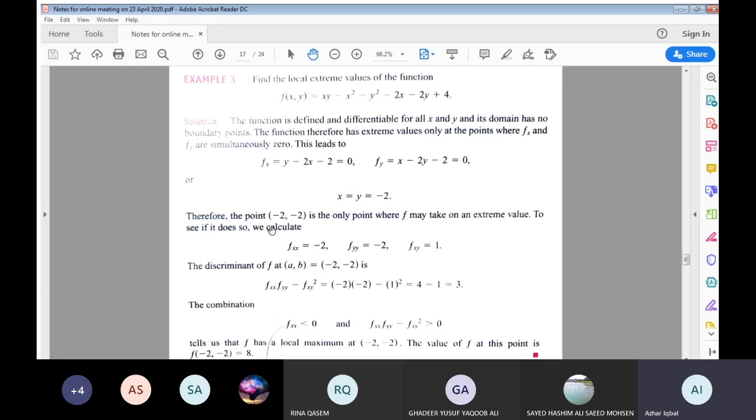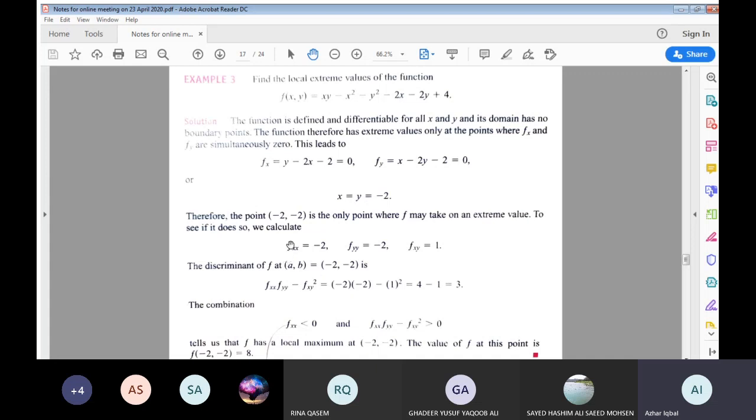Therefore, the point (-2, -2) is the only point where f may take on an extreme value, according to the theorems we have just looked at. And to see if it does so, we calculate a few quantities.